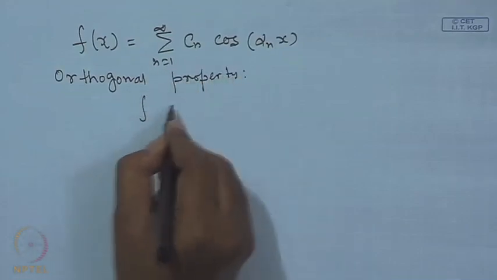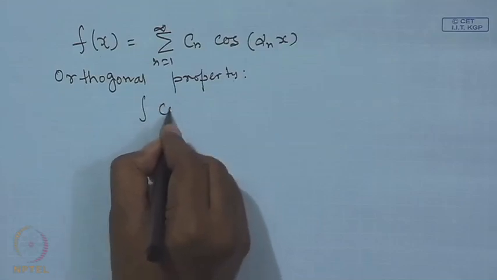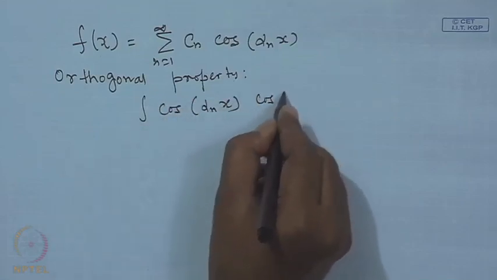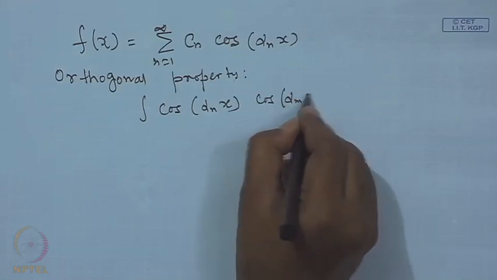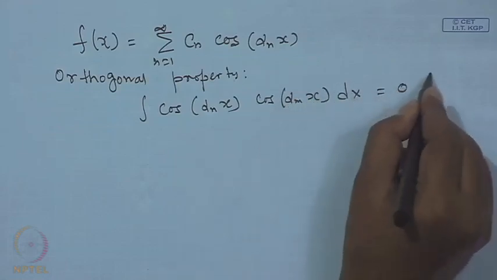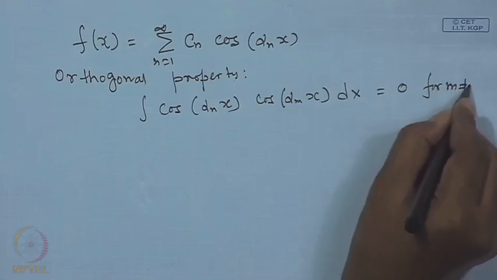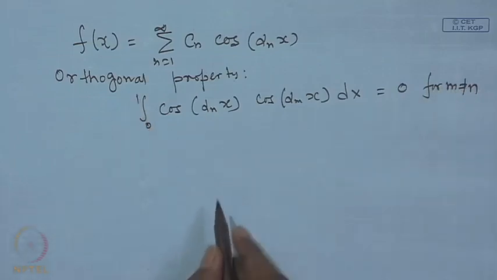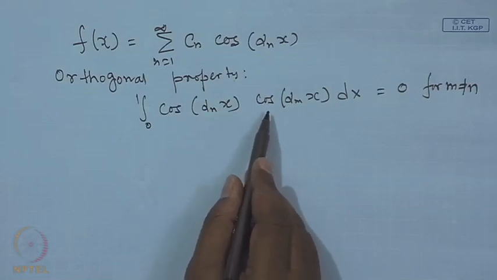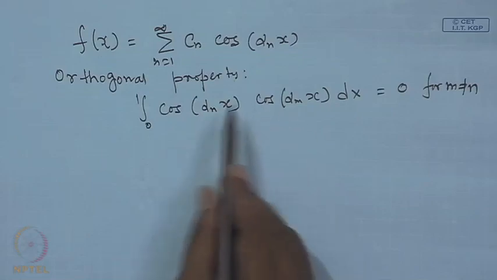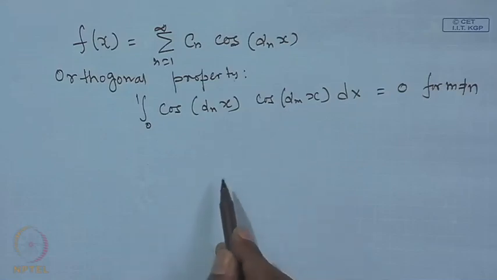These are the integration of cosine alpha n x cosine alpha m x dx is equal to 0 for m not equal to n. So, for m not equal to n, cosine alpha n x multiplied by cosine alpha m x dx integrates to 0, where alpha n and alpha m are two distinct eigenvalues.